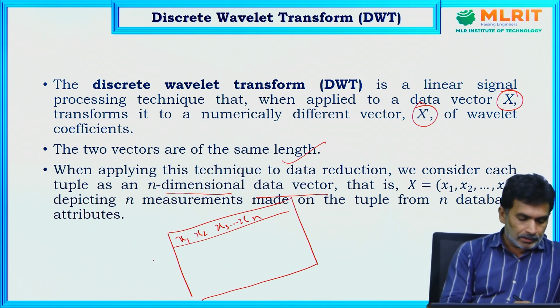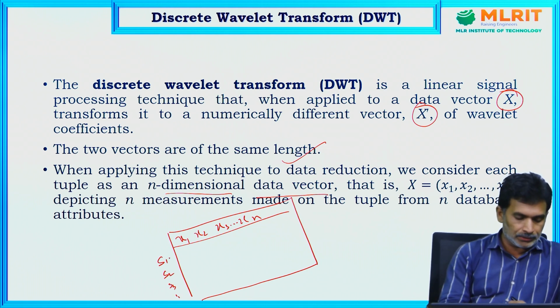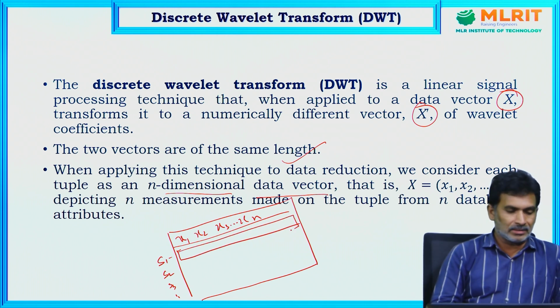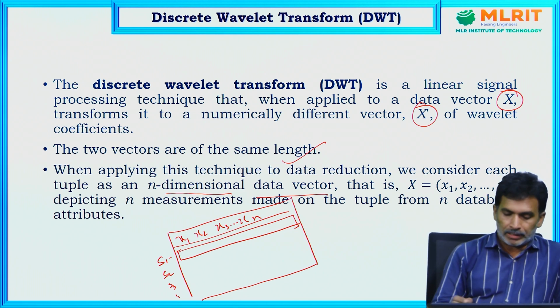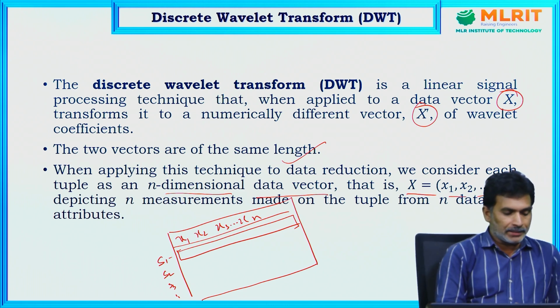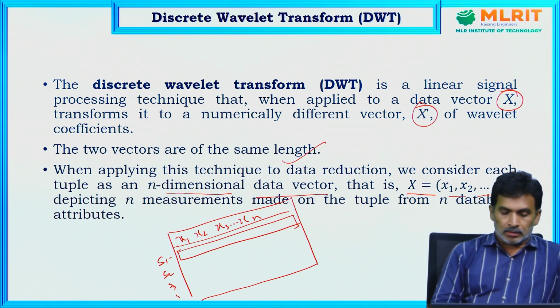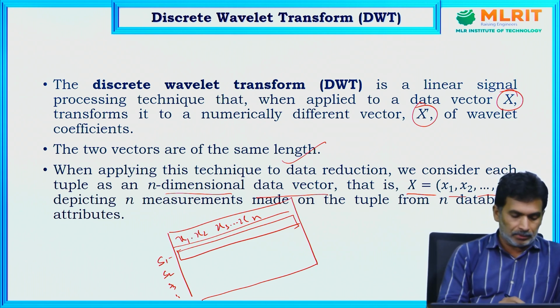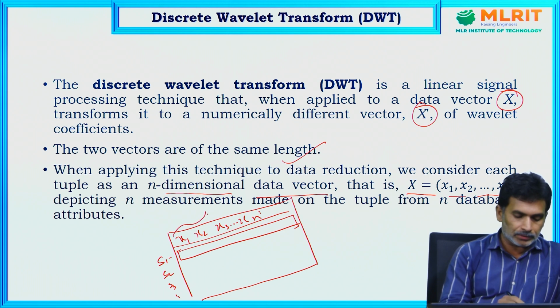And these are the records, the samples or instances, let us say sample 1, sample 2, sample 3, etc. Each sample will have values under these attributes x1, x2 and so on, xn. And this we are going to take as the input vector to the discrete wavelet transform. That is, x equal to x1, x2 and so on, xn, depicting the n measurements made on the tuple from n database attributes.